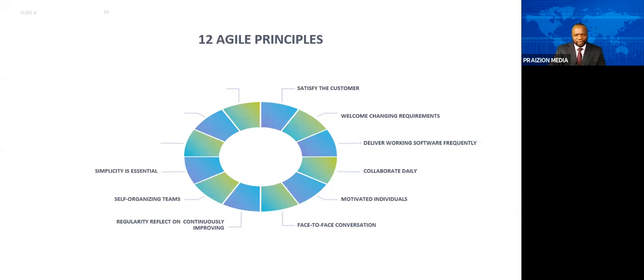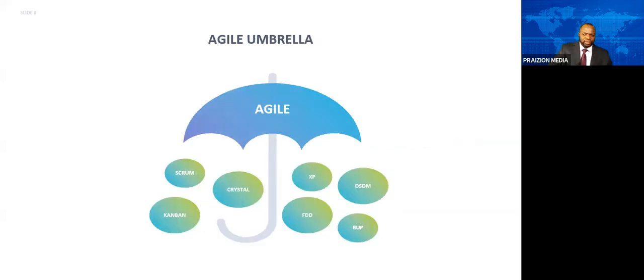We don't need to micromanage. Simplicity is essential. Continuous attention to technical excellence. Promote sustainable development and measure of progress through working product. If you haven't delivered a working product, we cannot say that you have achieved greatness.